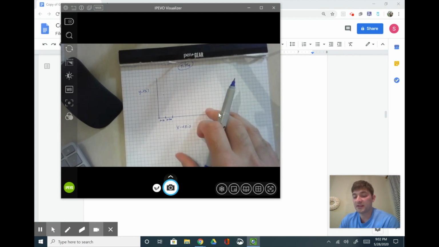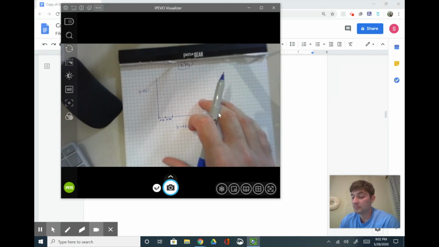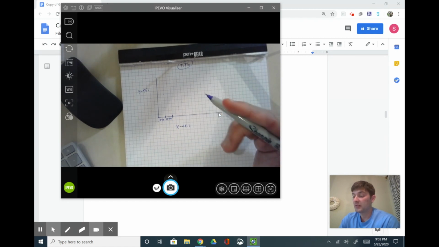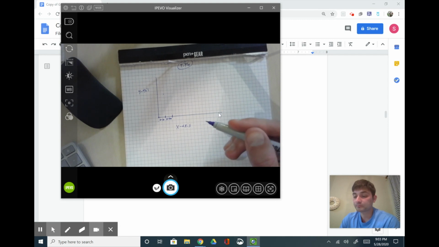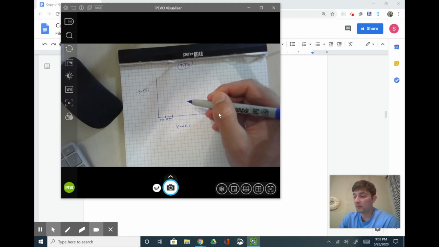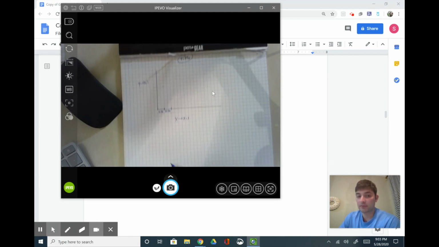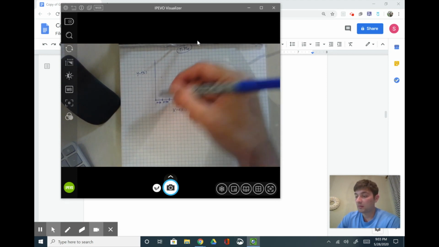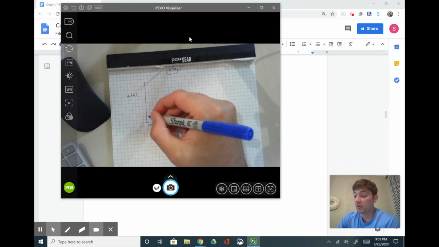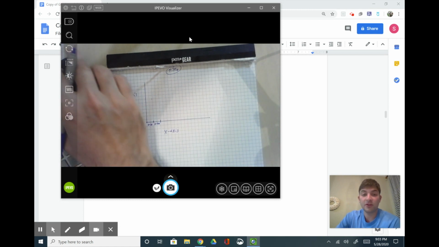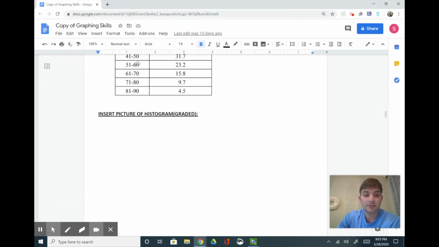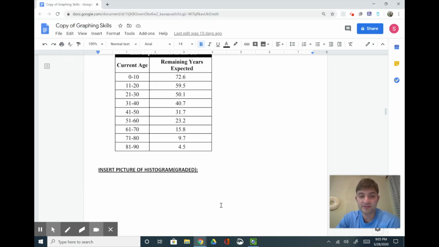And one of the biggest mistakes I see, not just with my students, I see it a lot in classrooms, especially the math classrooms, is their graphs only cover part of the space. Let's see, this is something not to do. So the top number is 72.6.